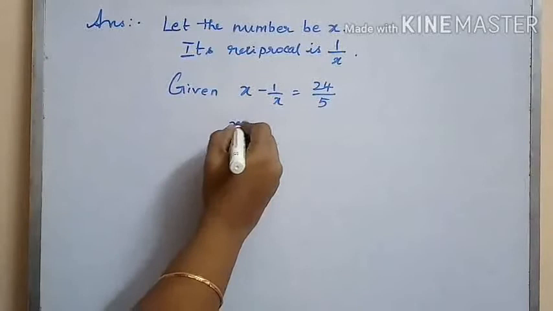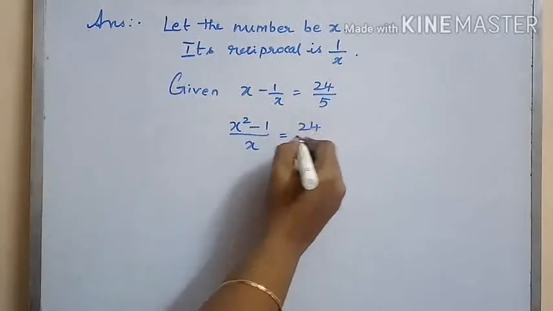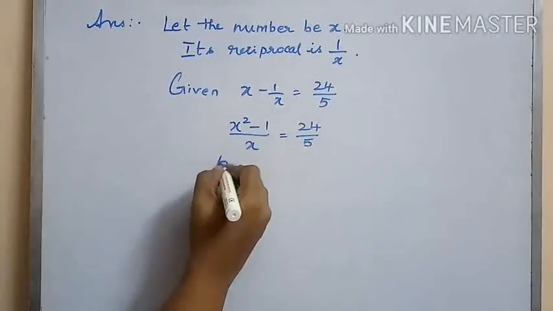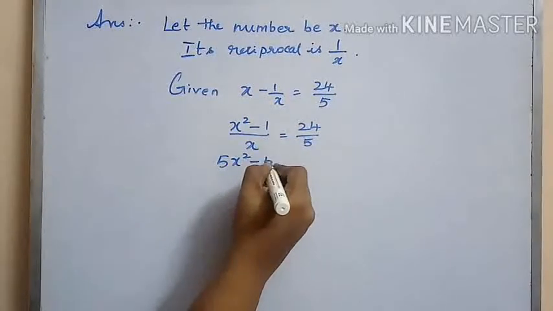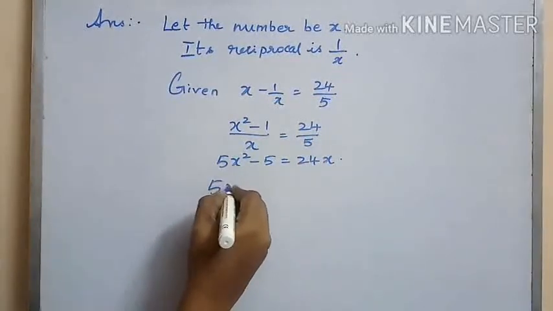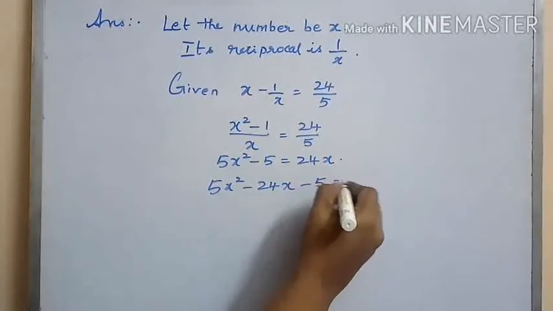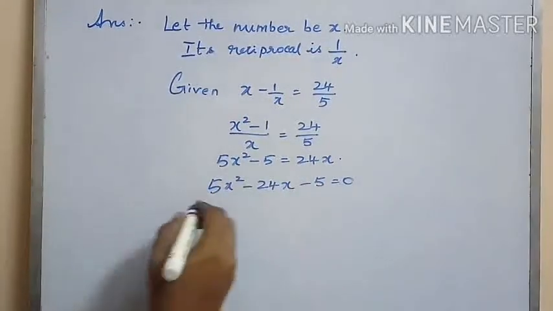The first step is we have to convert the word problem to a quadratic equation form. Then solve the quadratic equation in any one of the three methods that we have learnt. So here let us solve the quadratic equation using factorization method.